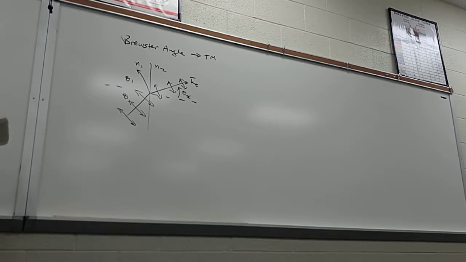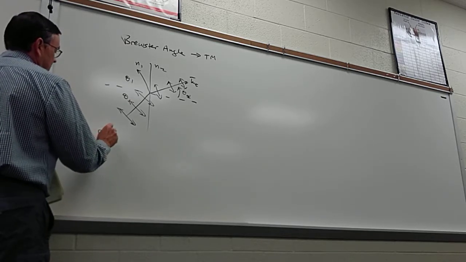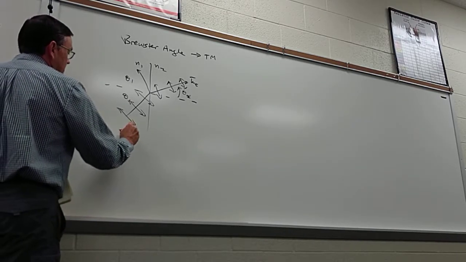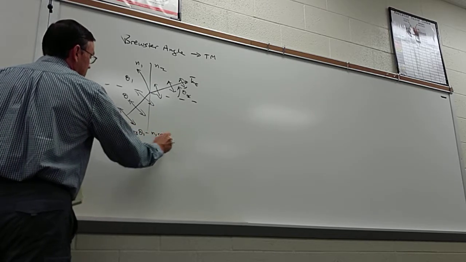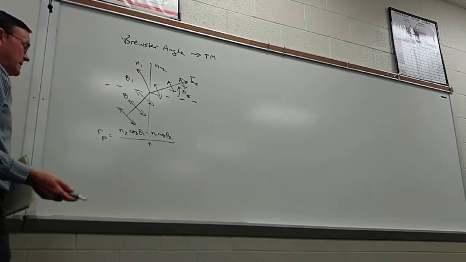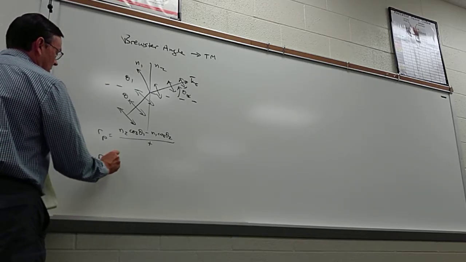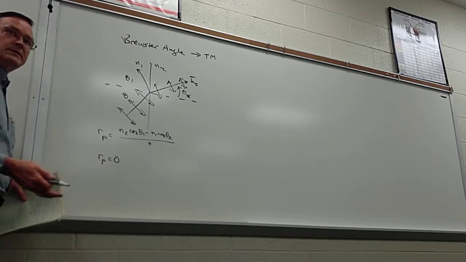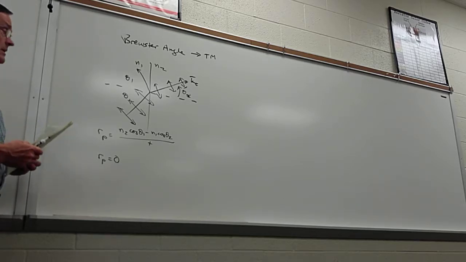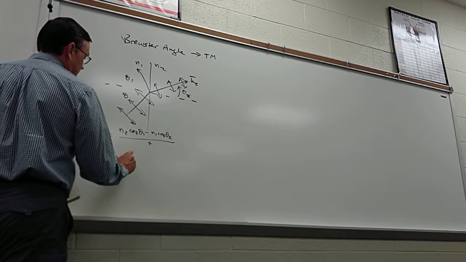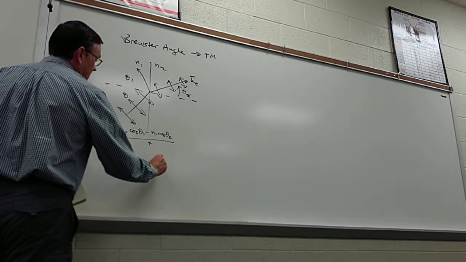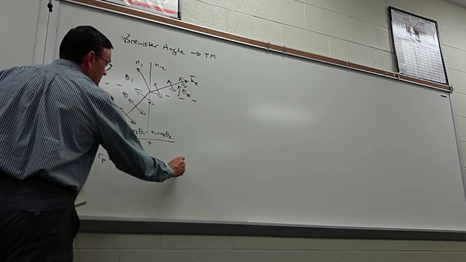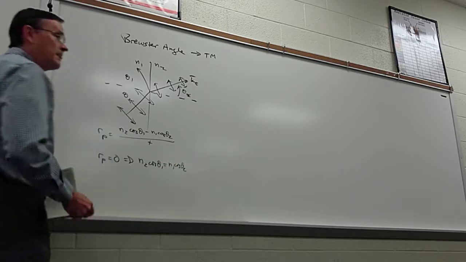And so, if you go back to Snell's law and the reflection coefficient for TM polarized light, you have n2 cosine theta 1 minus n1 cosine theta 2 over the sum of the two. Basically, when Rp is equal to 0, which is the condition for the Brewster angle, then the numerator, n2 cosine theta 1, must be equal to n1 cosine theta 2.